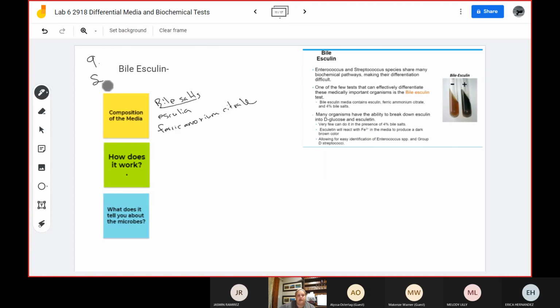So this is selective because it inhibits gram-positive bacteria. And it is also differential because we can identify whether or not bacteria can utilize this esculin food source.